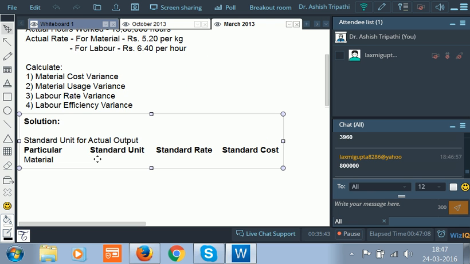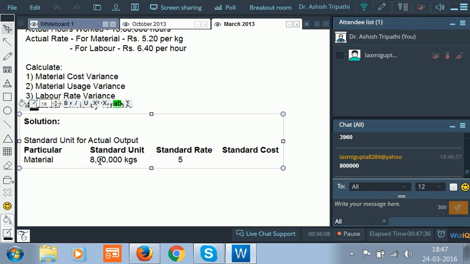So let us record here. 8 lakh kgs, and standard rate is 5 per kg.